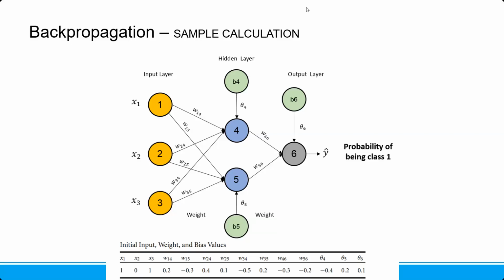This is the very simple network that we are going to learn how the back propagation happens. We have input layer, we have output layer, and we have hidden layer.